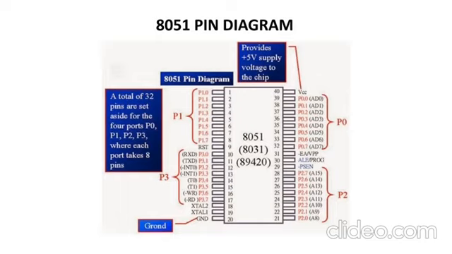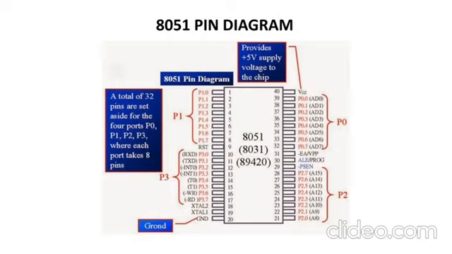After writing this, on your right side only 3 pins will be left over, that is 29, 30, 31. At the 29th pin write PSEN bar.